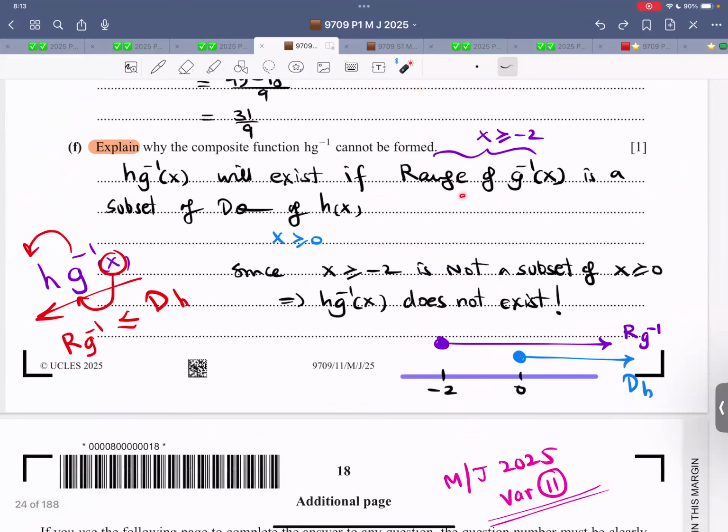The output of G inverse is, let me write over here, this is the output. G inverse x is greater than or equal to -2. Just focus on this inequality, greater than or equal to -2. That should be a subset of the domain of h(x).